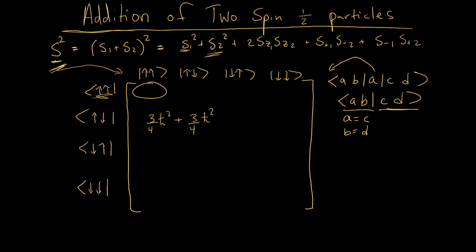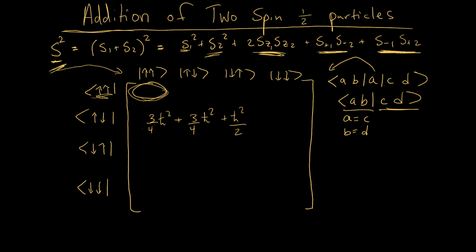Okay, so what about the z direction? That does depend on the direction. In this case, they're both up, so it's going to be h bar over 2 for each of them. So you multiply 2 times h bar over 2 squared, which is going to be h bar squared over 2. Now if we look at these last 2 terms, they don't actually matter if we're just considering this first entry. First of all, no matter which one we choose, one of the spins is going to have the raising operator, and they're both up, so it's going to nullify the state either way.